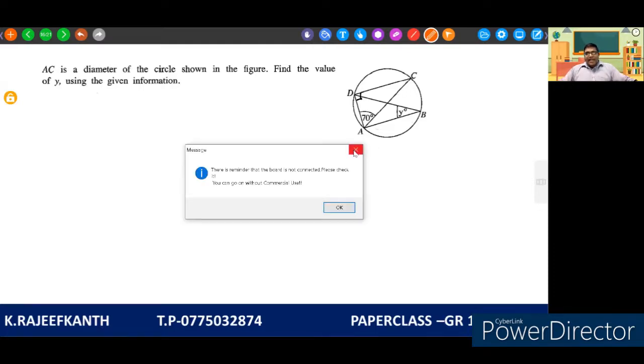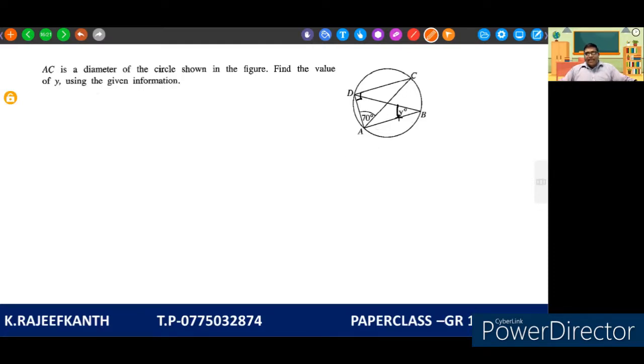Now we have to find the value of y. So here we can mark this angle as y, because these two angles are angles in the same segment. Right? These two angles are angles in the same segment. Here this arc AD subtends angles on the circumference.